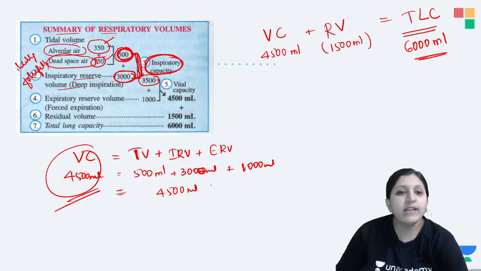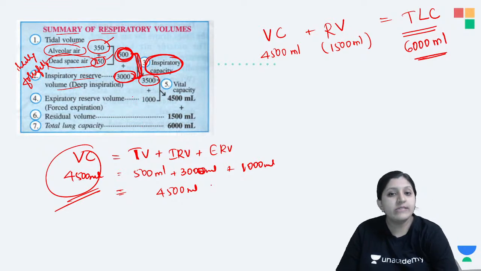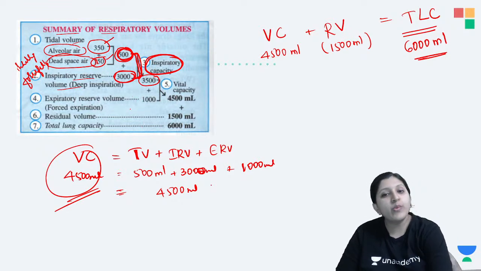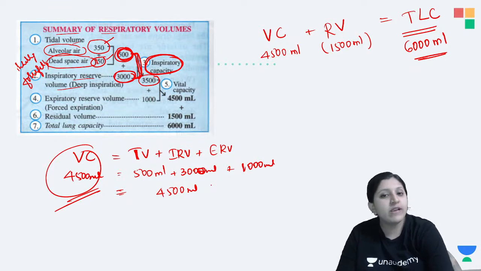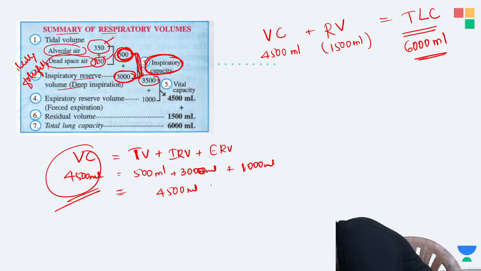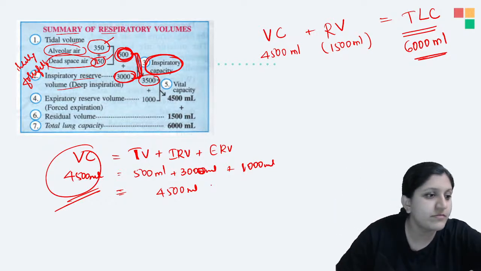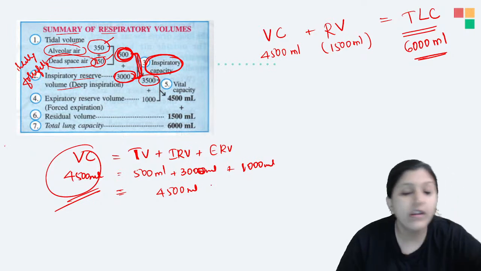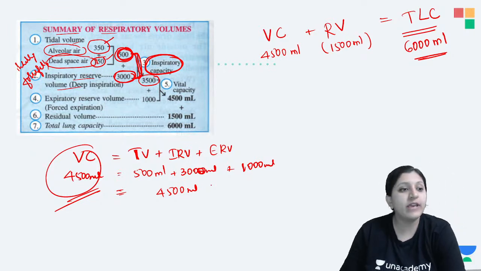The next one is the expiratory reserve volume. Inspiratory capacity is going to include what?